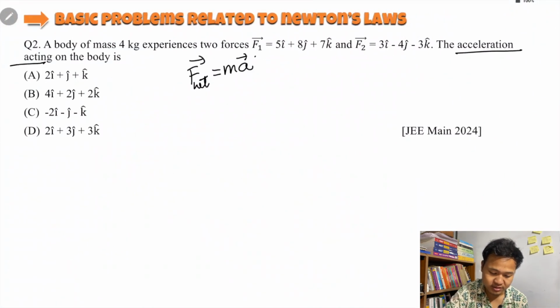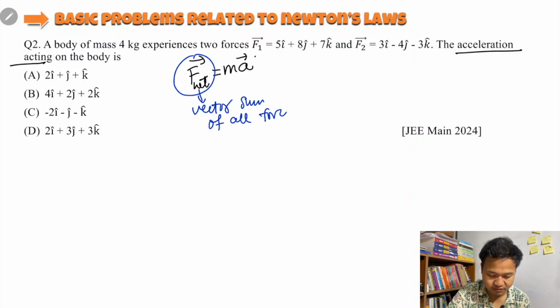So where is that? Here, right? What is the vector sum of all the forces? This quantity is the vector sum of all forces. So F net will be equal to force 1 plus force 2.